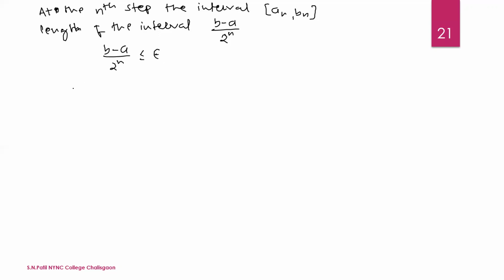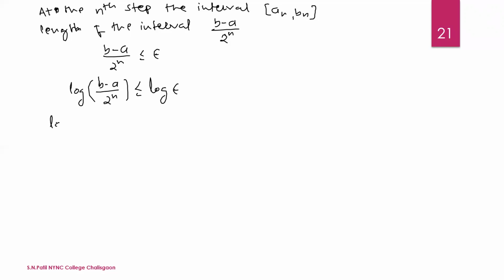Now taking the natural log on both sides, log of (b minus a) divided by 2 raised to n is less than log of epsilon. Here we find the value of n. Now apply the logarithmic property: log of b upon a means log b minus log a.